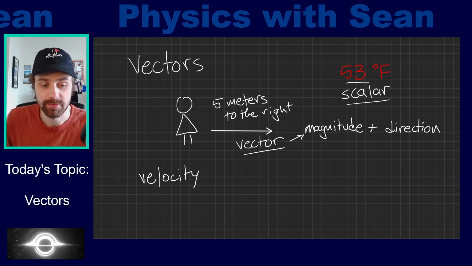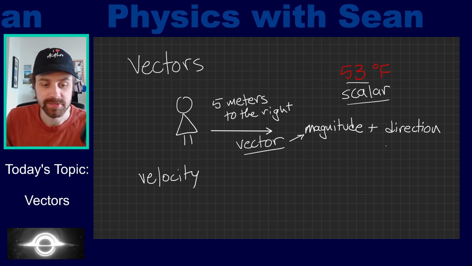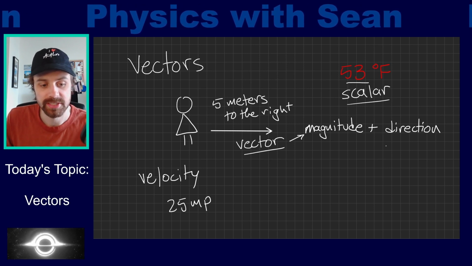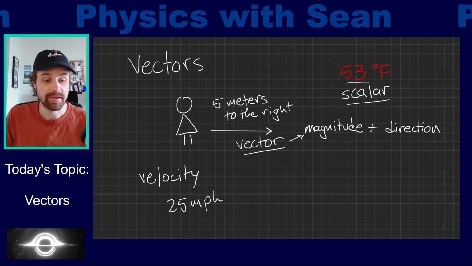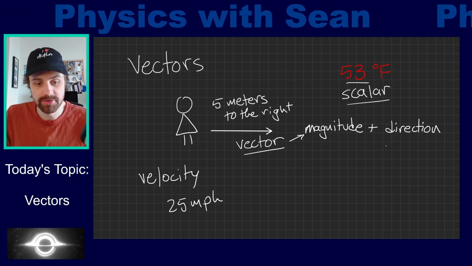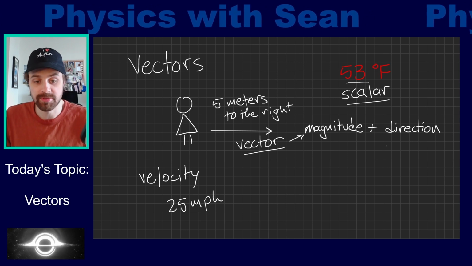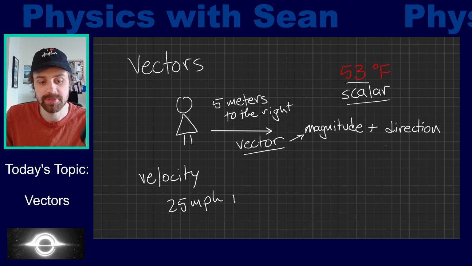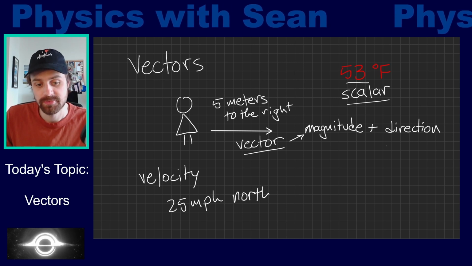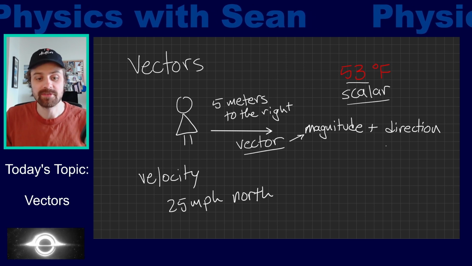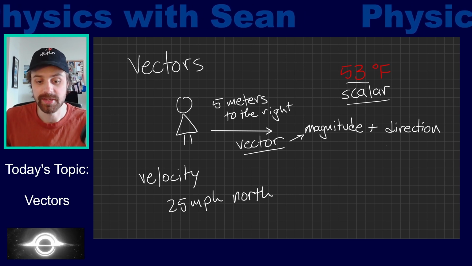So when we have a car, and we say the car drives 25 miles per hour, that on its own is a scalar, right? It just tells us a number and a unit. It doesn't say any information about what direction that's going in. But if we say 25 miles per hour north or west or to the right or to the left or up or down, some information about direction, now again we have a vector.